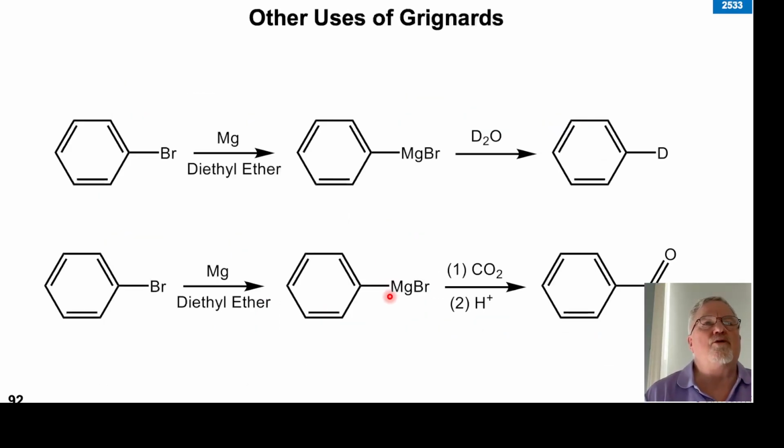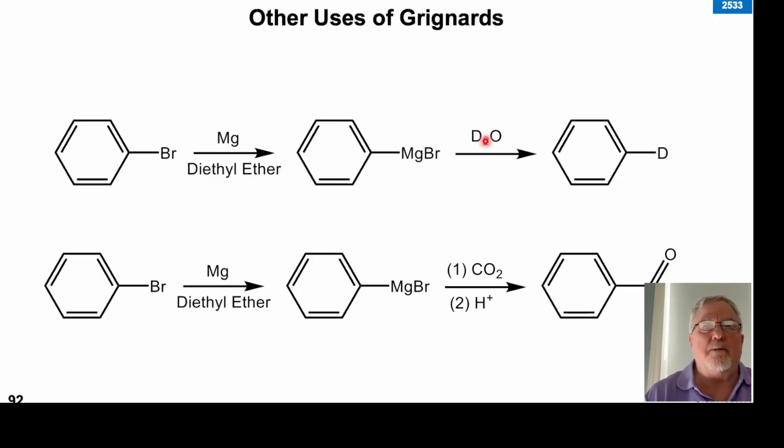We can use Grignard reagents for other things. We can insert magnesium into an aryl carbon-bromine bond to get an aryl Grignard reagent, a good nucleophile. Remember, we talked about these things as being very good bases. Oftentimes in mechanistic studies and biological studies, we want to replace a hydrogen with a deuterium. It gives us a little handle so we can watch what's going on in certain reactions or in biological pathways by having that deuterium there.